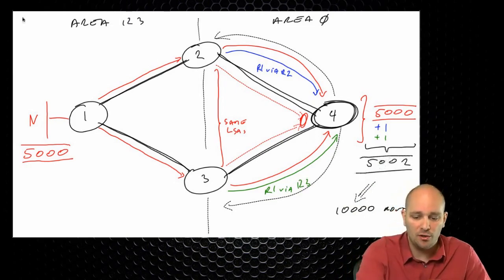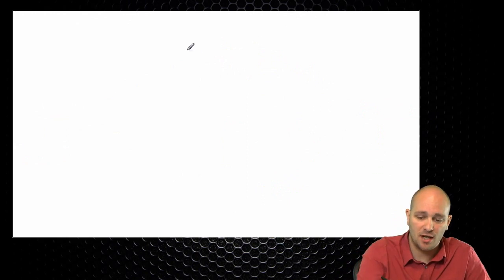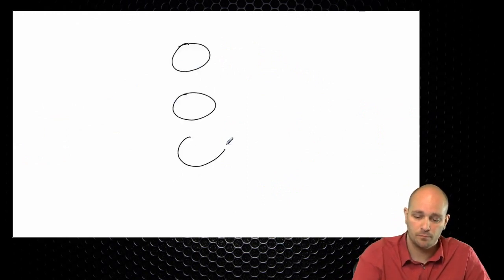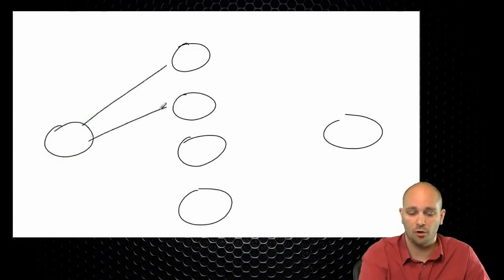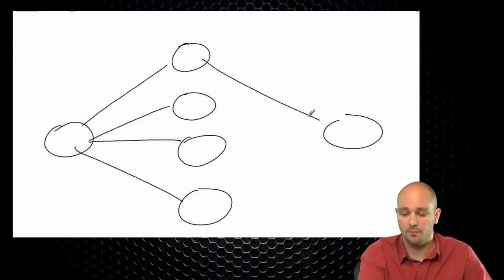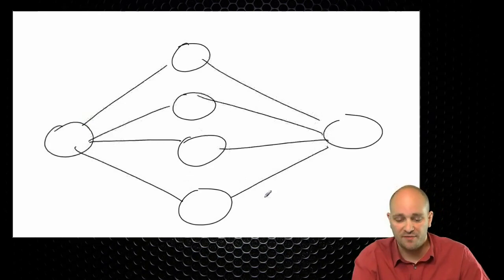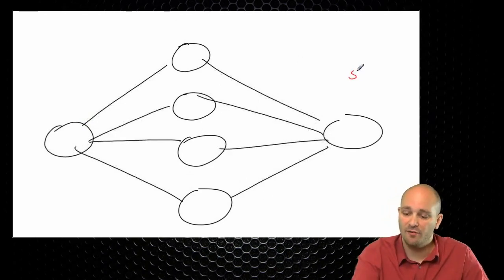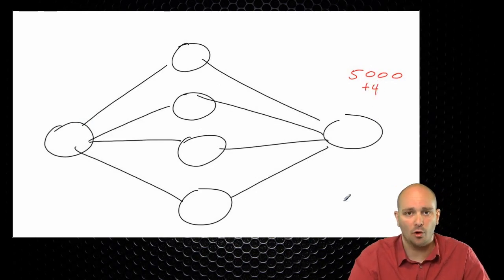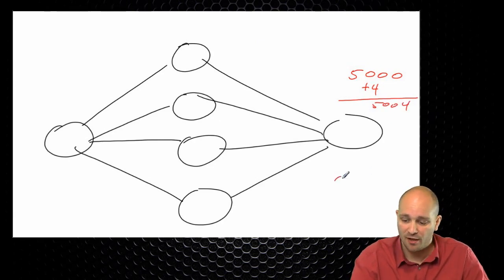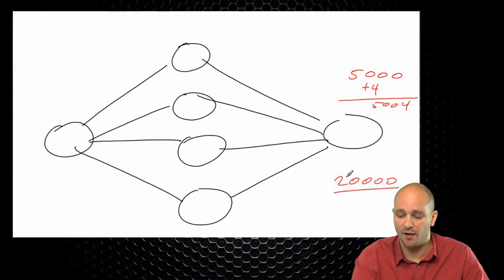Now, to illustrate this even further, imagine that our network actually looked like this. So if this was the case, I would still have 5000 type 5 LSAs, and I would have 4 type 4s. So I would have 5004 LSAs in the database, but I might actually have 20,000 routes in my routing table.